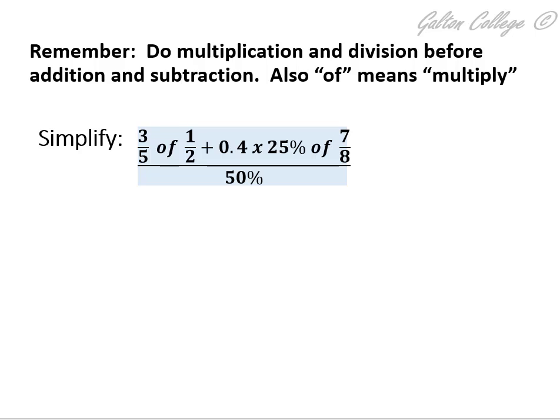Now we're going to focus entirely in this little session on trying to reduce this expression here, which looks very, very nasty. It's got lots of complications in it. Here we've got a fraction, 3/5. We've got "of". We've got another fraction, 1/2, a half, plus a decimal times a percentage of a fraction divided by a percentage.